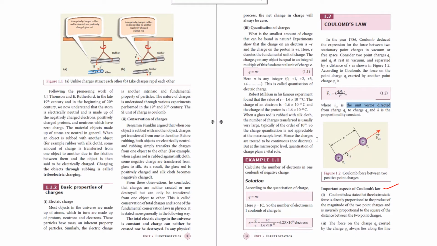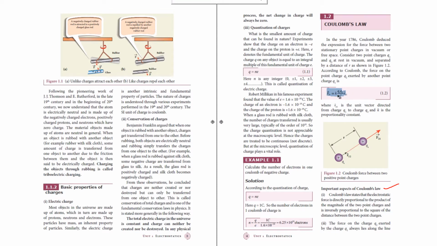Now the next topic is the important aspects of Coulomb's law. So we'll see the first point. What does the first point state? Coulomb's law states that the electrostatic force is directly proportional. When you deal with the first point, you can have a look at equation 1.2.